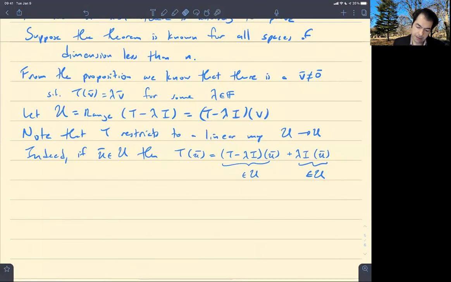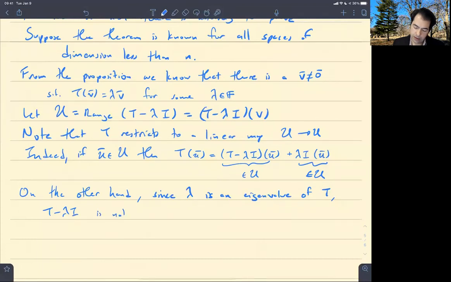So that shows that T restricts to a linear map between capital U and capital U. On the other hand, since lambda is an eigenvalue of T, T minus lambda times the identity is not injective.